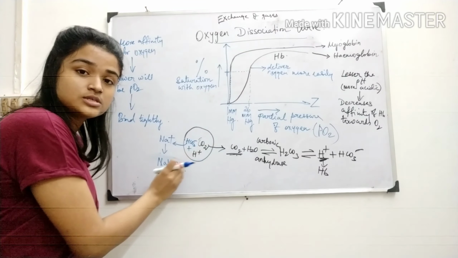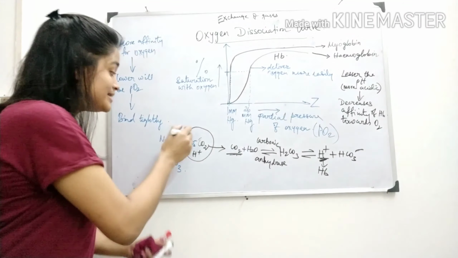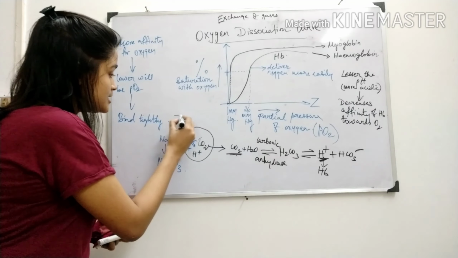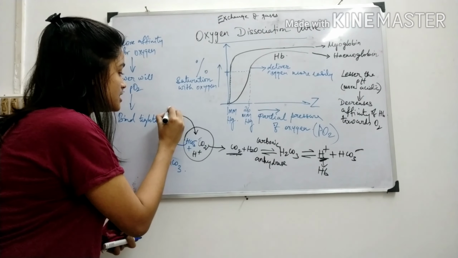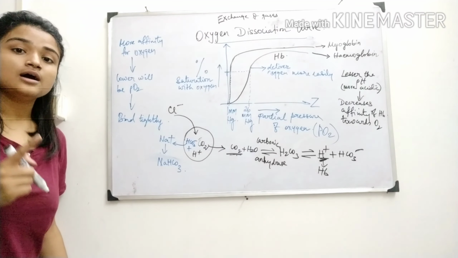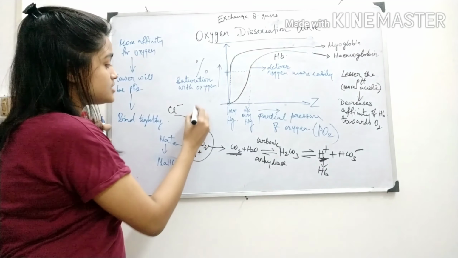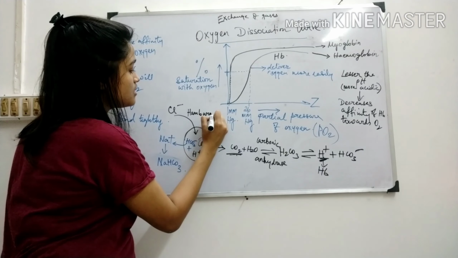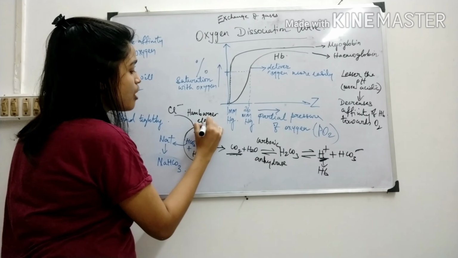Negative charge is being lost from the cell. So to maintain this balance, chloride ion is entering into the cell, and this effect is called Hamburger's effect or chloride effect.